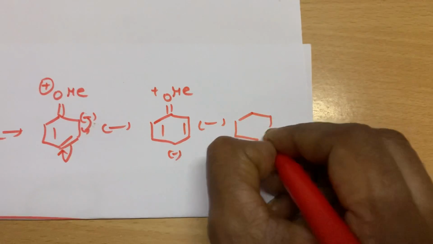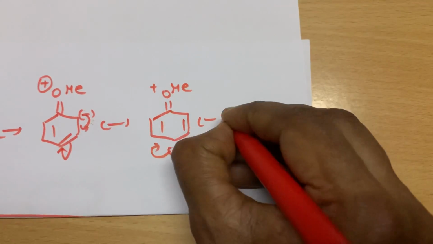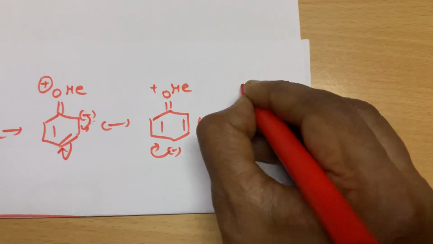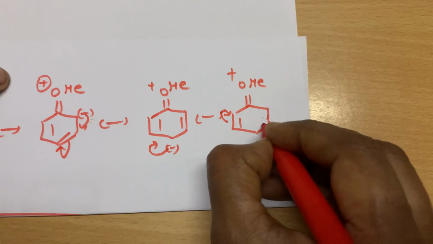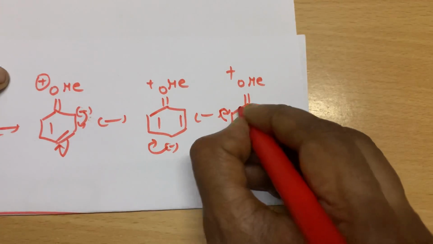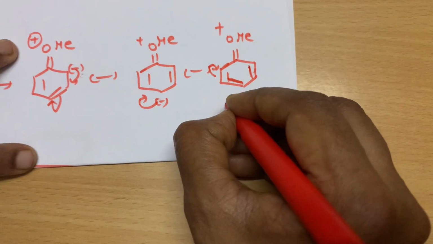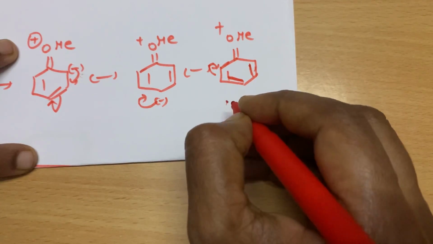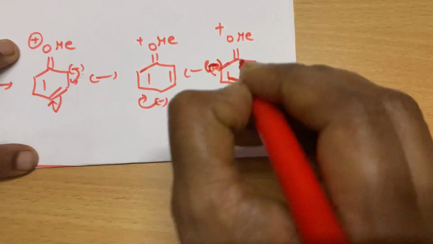So whether the group is electron donating or electron withdrawing, here it is negative.